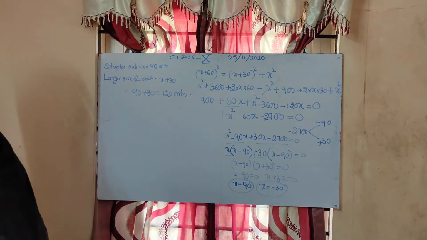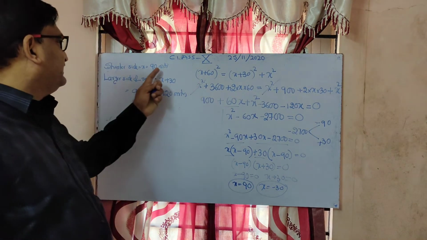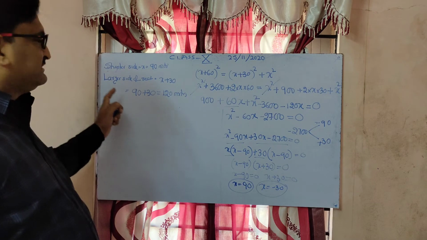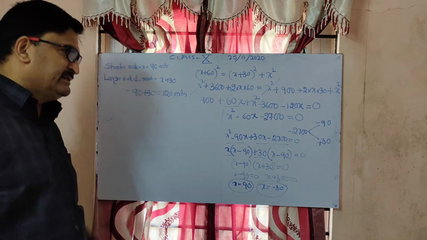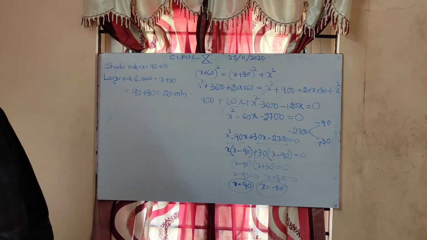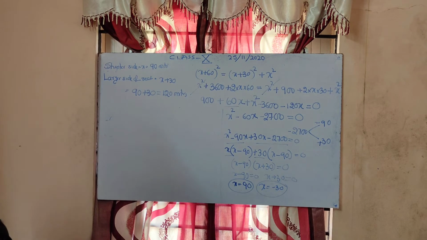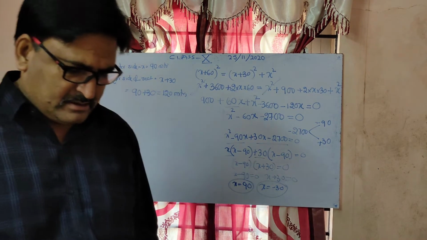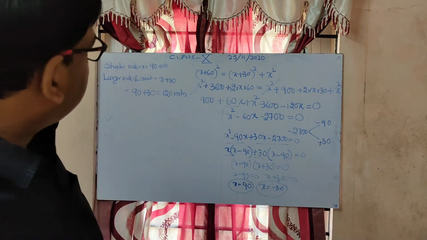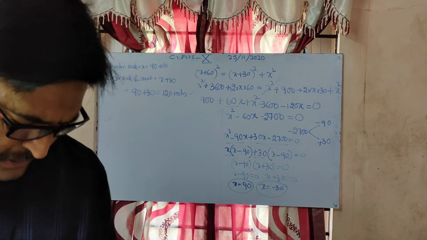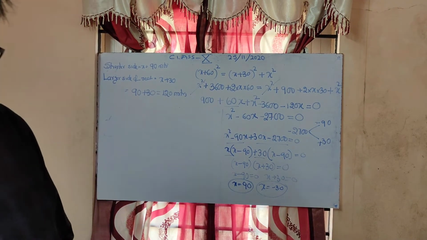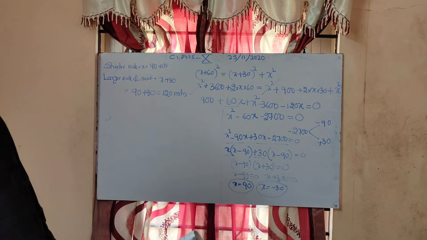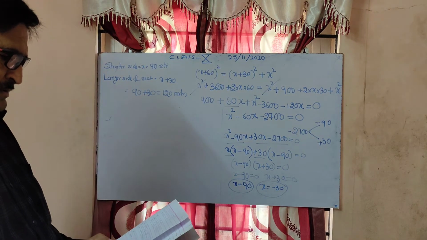So thus we got the shorter side is 90 meters and the larger side is 120 meters. Okay now? So this is the sixth example. It looks a little bit bigger, but it is very simple actually.